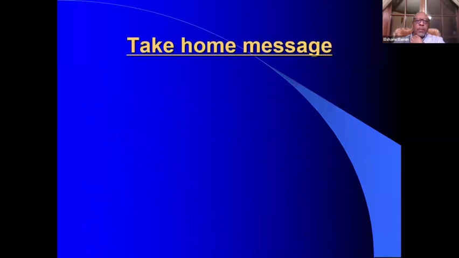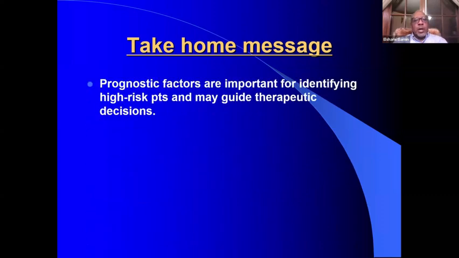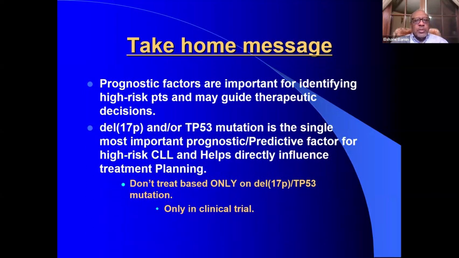And this is the take-home message for CLL, SLL. Prognostic factors are important for identifying high-risk patients and may guide therapeutic decisions. Deletion 17p and TP53 mutation is the single most important prognostic predictive factor for high-risk CLL and directly influences treatment decisions. Do not treat based only on deletion 17p or TP53 mutation, only in clinical trial.